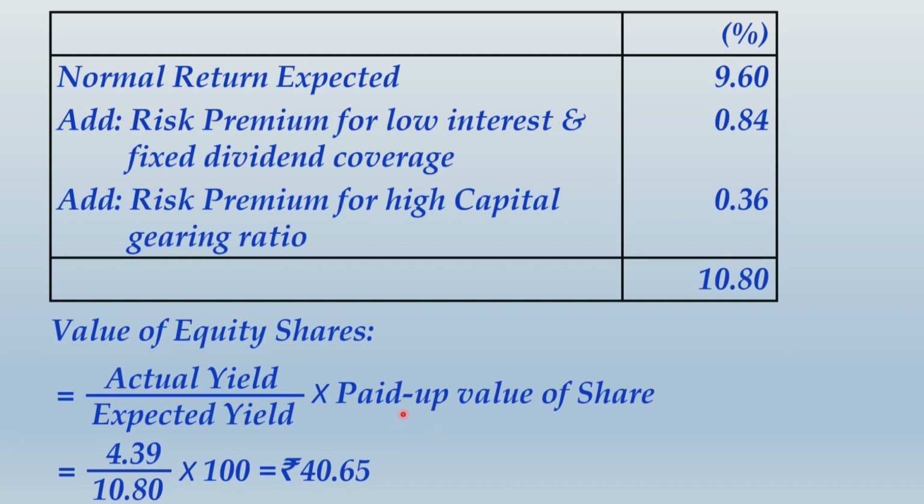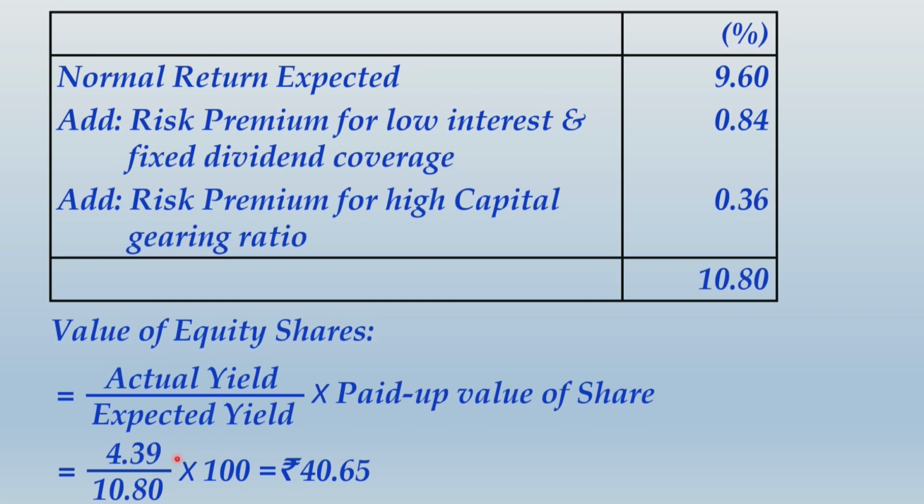See, the simple logic over here is the paid up value of share is 100 and your actual yield is only 4.39. We have worked it out, right? So on 100 your actual yield is only 4.39. So if you calculate by percentage, 100 into 4.39 will be 4.39. Now 4.39 is the rate of return, as well as we can say 4.39 is the return on the face value of the share, correct?